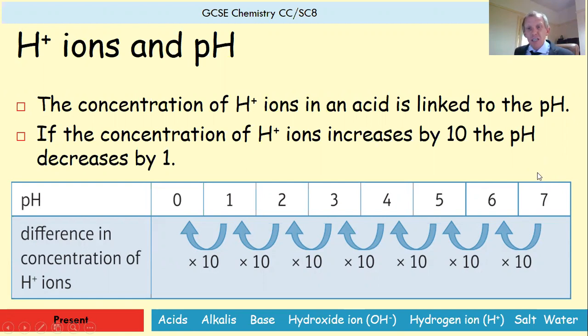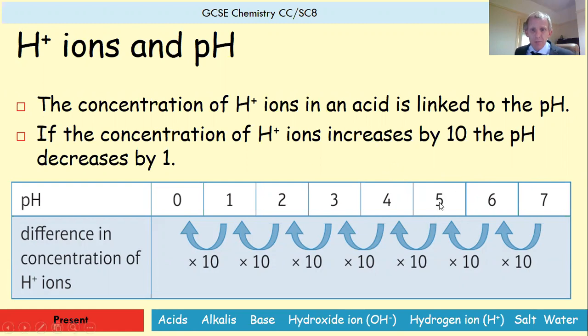Something that has a pH of 6 has 10 times that amount of hydrogen ions. So if it was 10 here, it's now 100 here. And then following the same principle, if that pH value drops down to 5, what was 10, then 100, is now 1,000 times the amount of hydrogen ions.